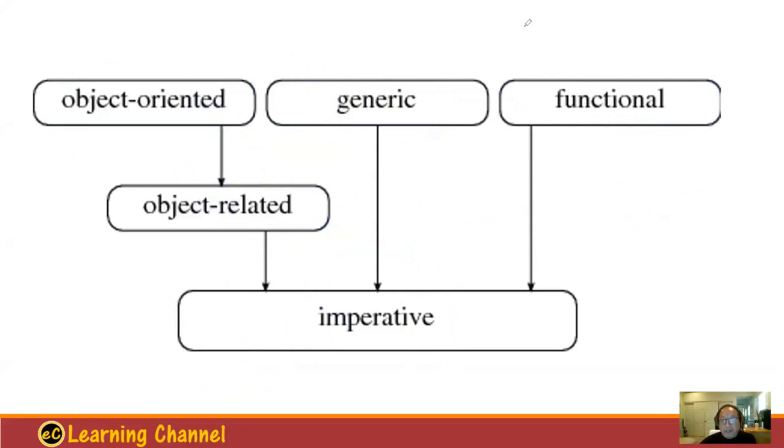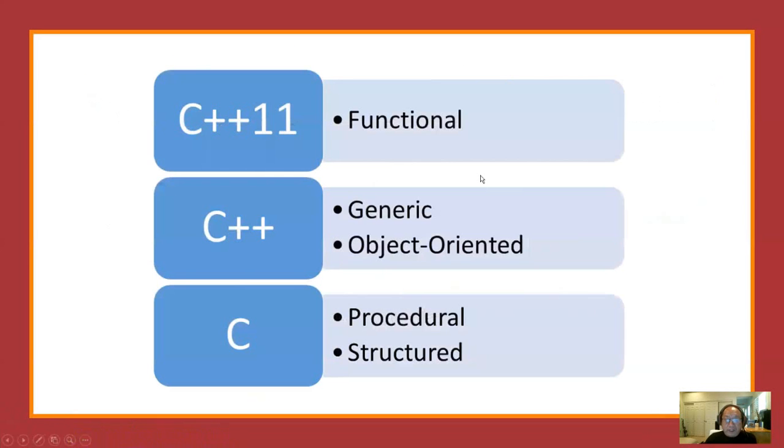But the reason why we choose Python for data structures: C++, as you see, C is procedural and structured. Okay. C++ is generic. It added templates and then the object-oriented feature. C++11, C++14, C++17, and the coming C++20 is functional programming.